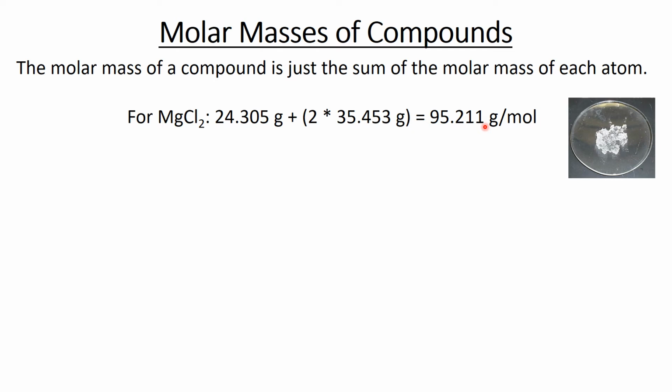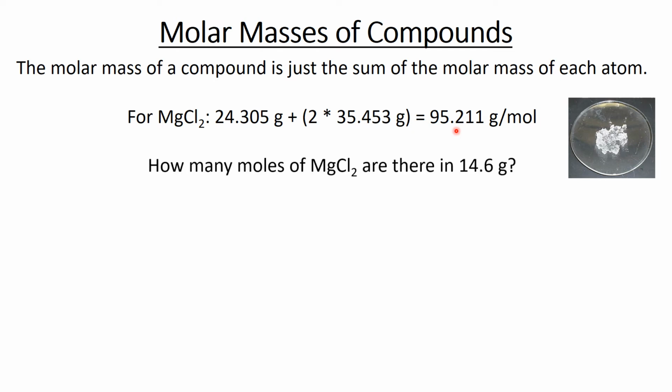Well, what I have now is a conversion factor between grams and moles. What this is really saying is that 1 mole of magnesium chloride is equal to 95.211 grams. So if I have a question like this, how many moles of magnesium chloride are there in 14.6 grams?